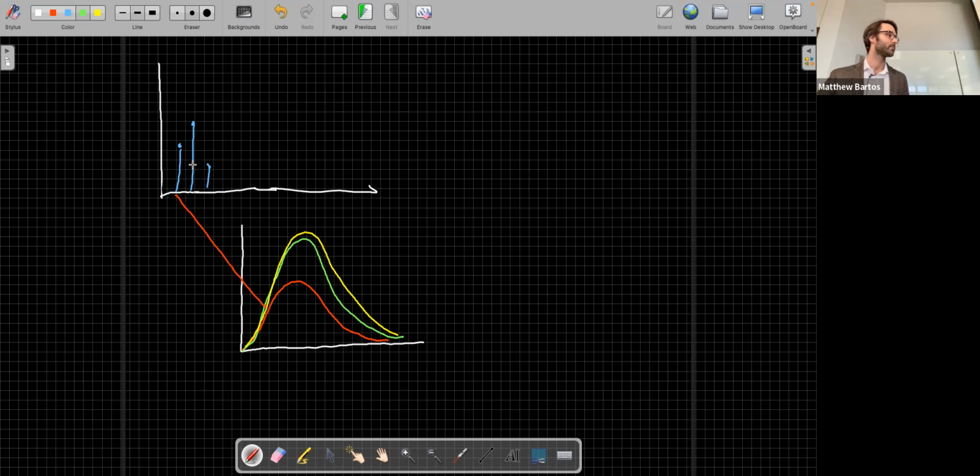Now there's a big assumption that unit hydrograph theory makes. Does anyone want to guess what that assumption is? What does it assume about the watershed as a system?